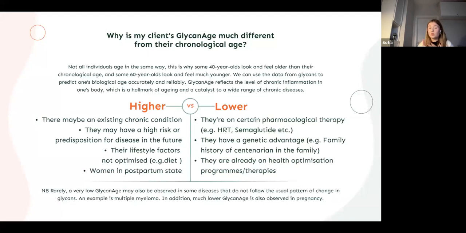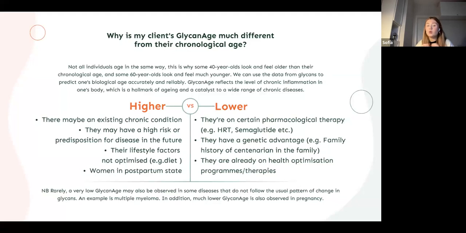Another thing which might be attributing to this high result is that their lifestyle factors are not optimized, starting from diet, exercise, gut microbiome, their sleep, their stress, supplements they're taking. So all of these factors need to be taken into consideration here.